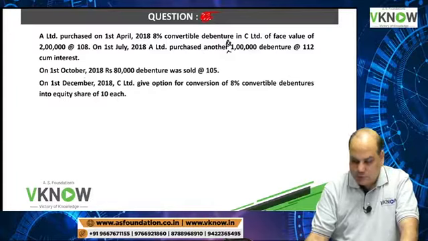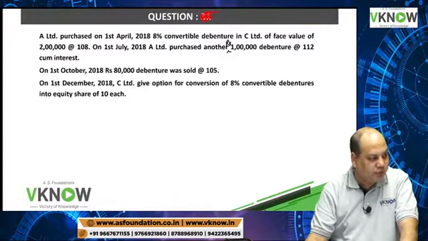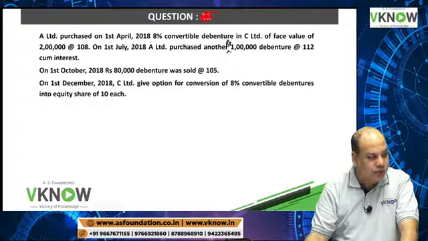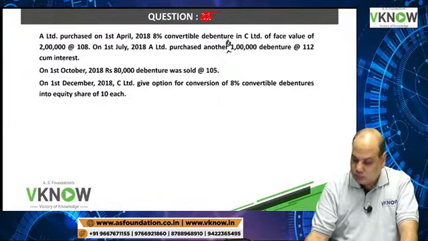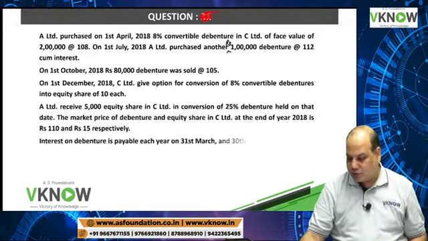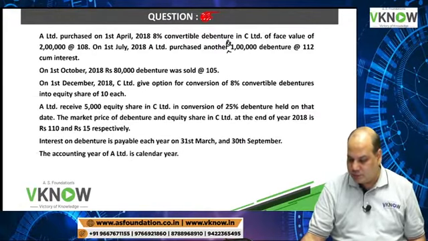Next line write, on 1st October 18, rupees 80,000 debenture was sold at rupees 105.